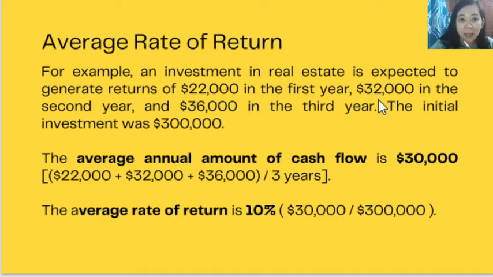In the second year, they are expecting to receive $32,000. And in the third year, they are expecting to receive $36,000. So based on this information, we can say that the life of the investment is 3 years.